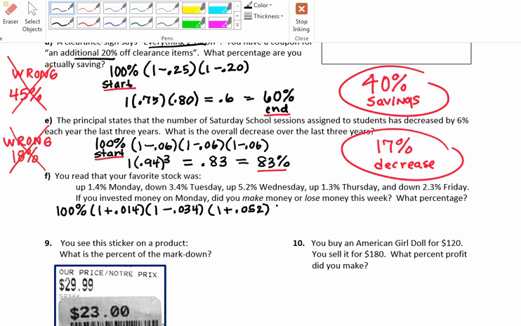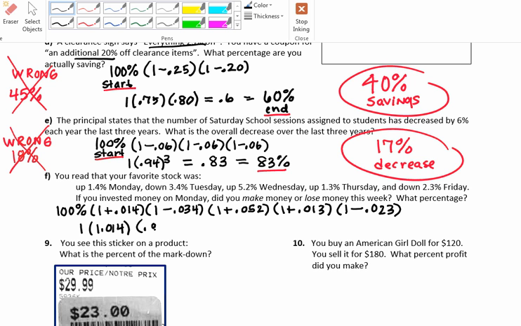Up 1.3% on Thursday, that's 1 plus 0.013. And down 2.3%, that's 1 minus 0.023. Now you could go through and simplify these if you wanted to, and you could also just put them into your calculator as they stand in parentheses. That's probably the fastest way to do this due to the tiny nature of these numbers.